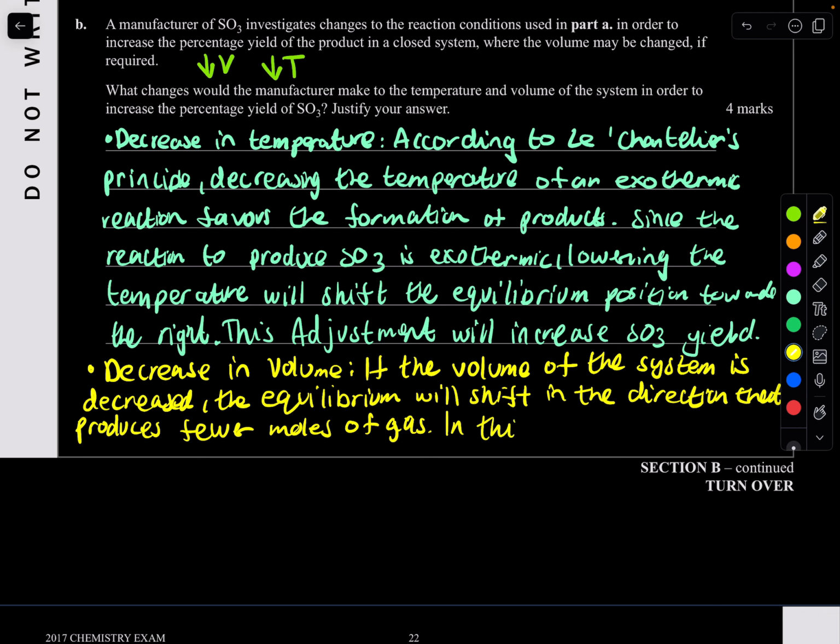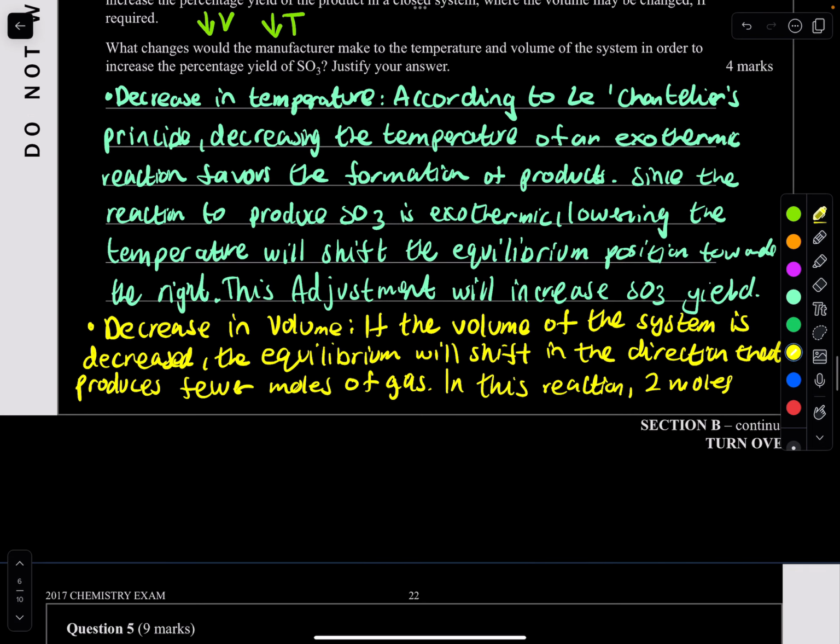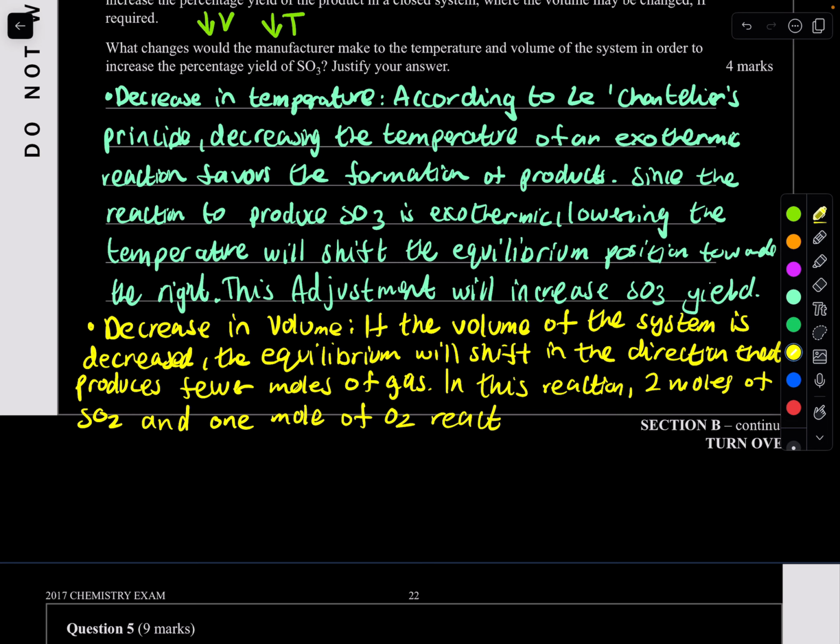So in this reaction, 2 moles of SO2 and 1 mole of O2 react to produce 2 moles of SO3.